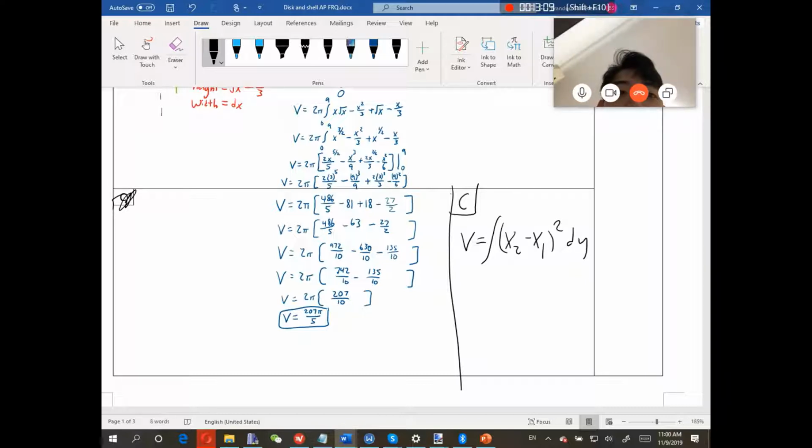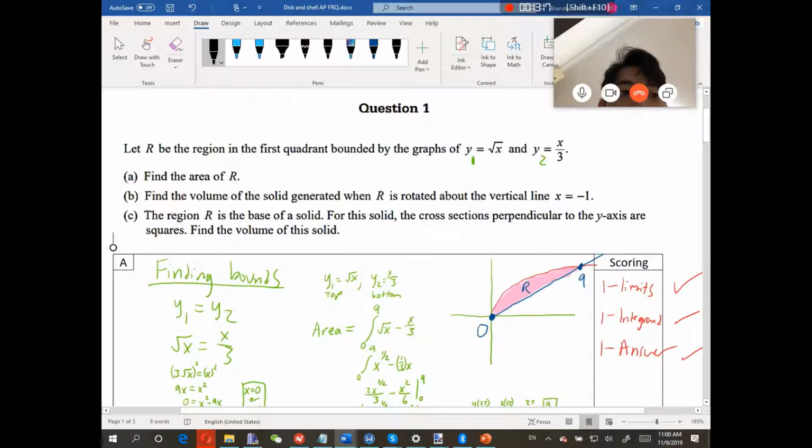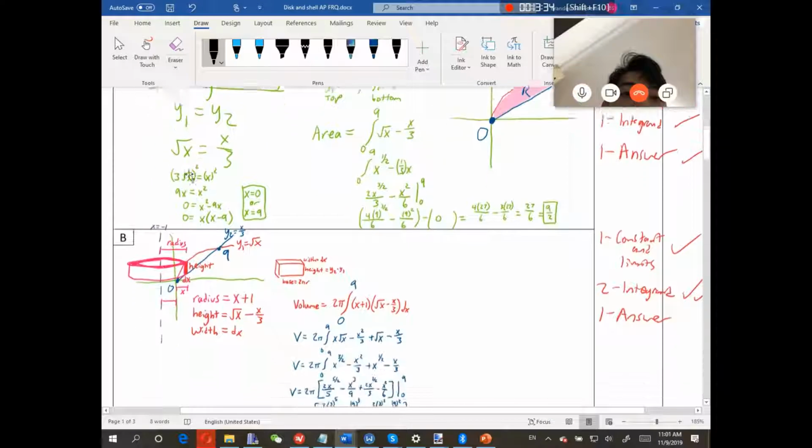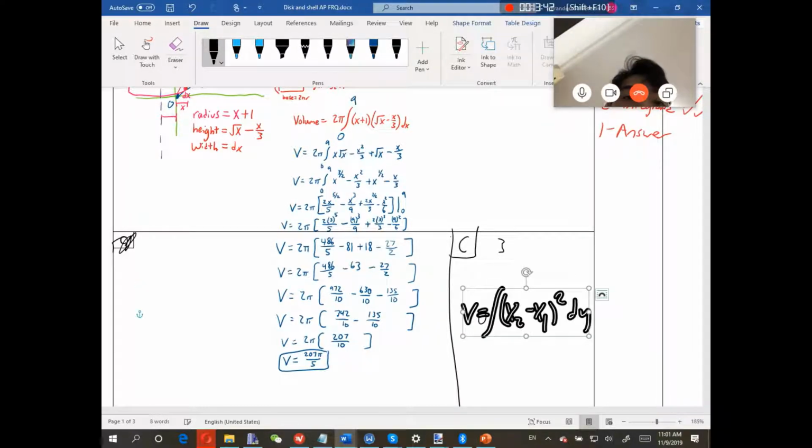Now I am integrating in terms of y this time, not in terms of x. So if I jump back up, if I'm normally integrating from x equals 0 to x equals 9, then my y value will be 9/3, which is 3. For this one, my y value would be 0/3, which is 0. So I'm integrating from 0 to 3. And then I'm going to rewrite these y values as x values for both of our functions.